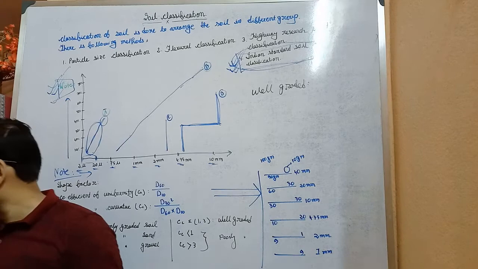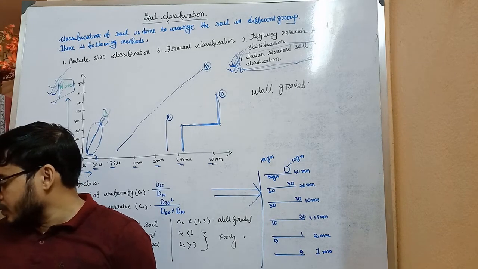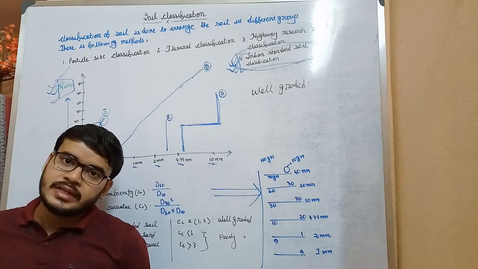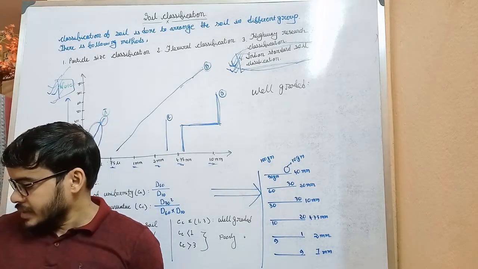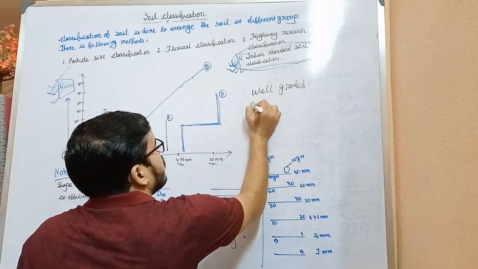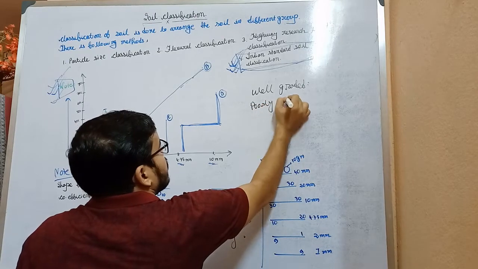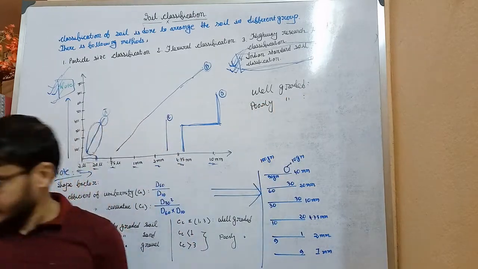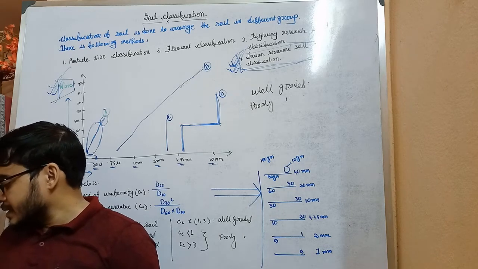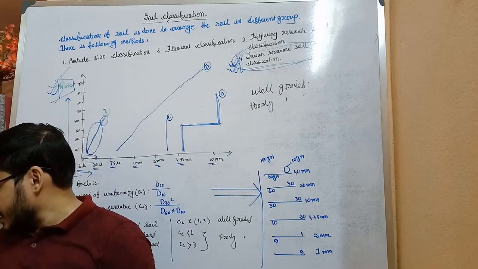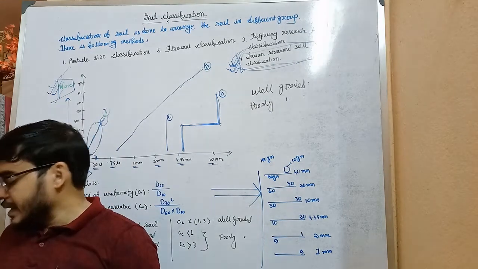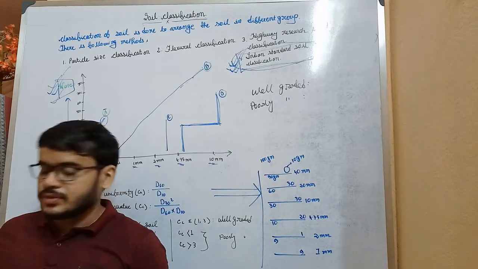That means if the soil has a good representation of particle sizes, it is well graded soil. Next write down: poorly graded soil. If the soil has an excess of some certain size of particle and a deficiency of another size of particle, then it is called poorly graded soil.